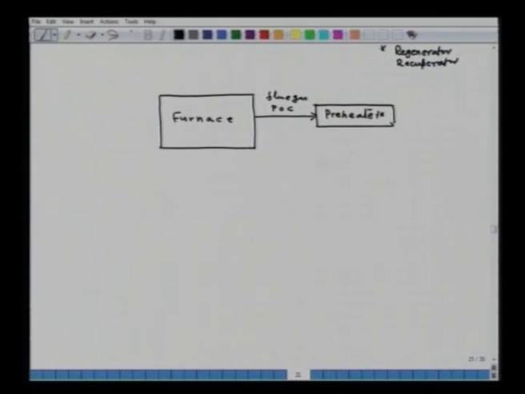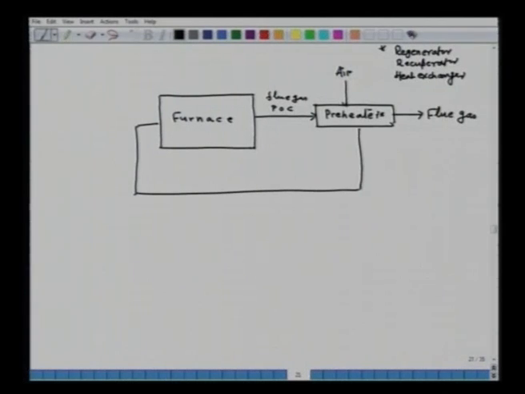This preheater could be anything, or simply a heat exchanger. Here the flue gas exits. From here air will enter, and this is the preheated air.